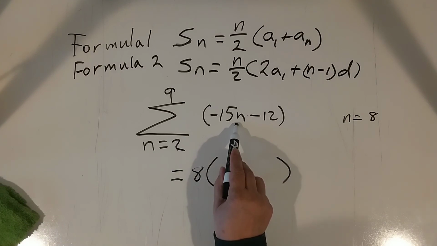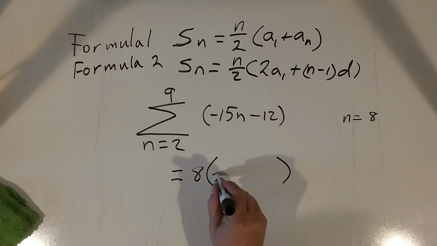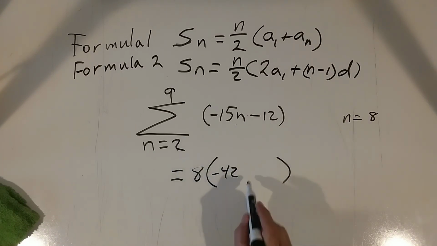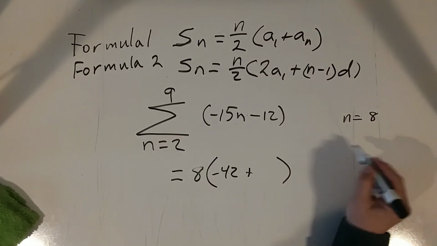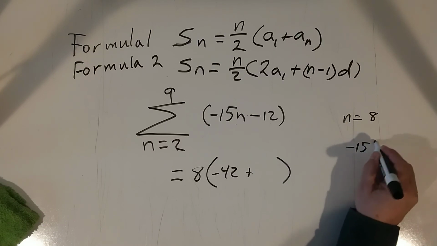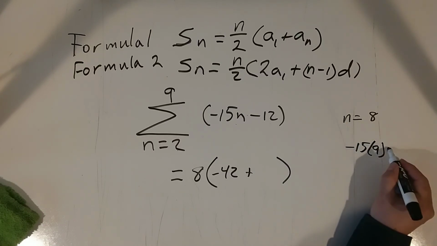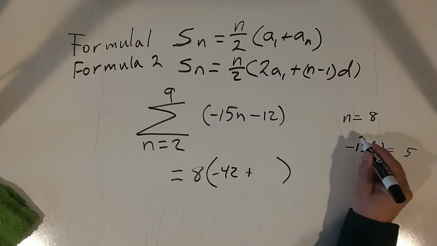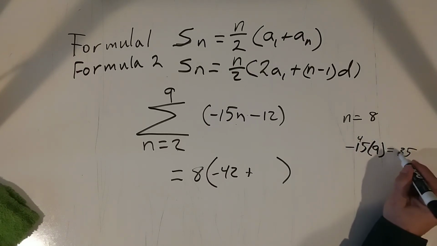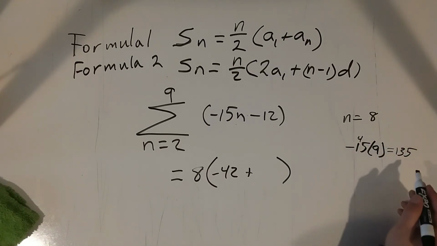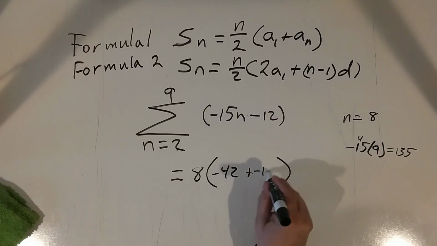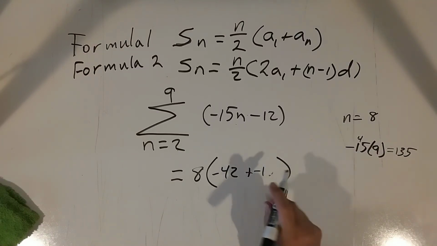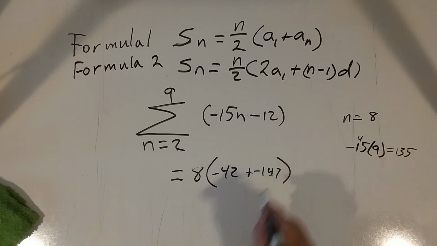So this will equal 8 times, and now to find the first term, I'll use n as 2, negative 30 minus 12 is negative 42, plus, and now we'll use the last term, negative 15 times 9 is negative 135. Negative 135 minus 12 is negative 147.